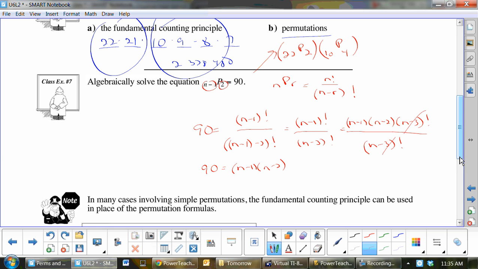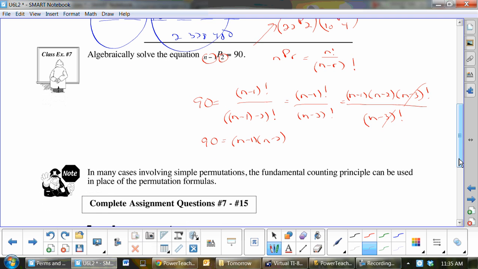Now, I've got to get this equaling 0 so I can find what n is, right? So I'm going to have to multiply that out. That's n squared minus 3n plus 2. Okay, I just FOILed it. Now I've got to bring that 90 over, so 0 equals n squared minus 3n. The 90 is going to come over and become a negative 90, plus the 2 is negative 88.